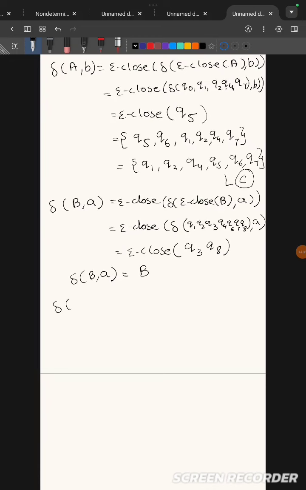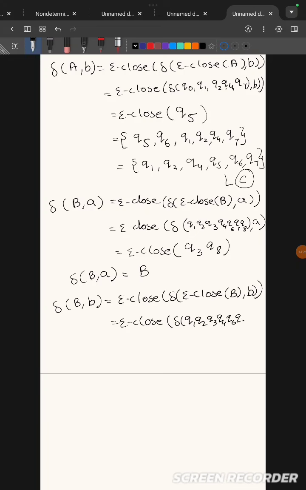Now we have to find for B comma small symbol b. Epsilon closure, transition, epsilon closure of state B on symbol b, for the states Q1, Q2, Q3, Q4, Q6, Q7, Q8. Now we have to check for which states there is a transition on small b.